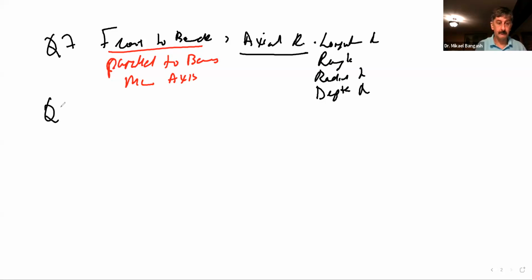Question number 8. Now the ability to distinguish two structures lying close together. So once you see that, the first thing you should catch in your mind is resolution.